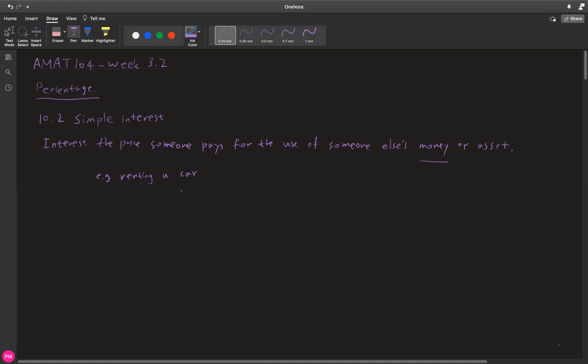Another example would be renting an apartment. I know in normal situations, if you are commuting students to school, you probably have an apartment that you're renting, and the rental cost that you're paying, you're not buying anything, but you are paying for your housing for the period that you're staying in there.